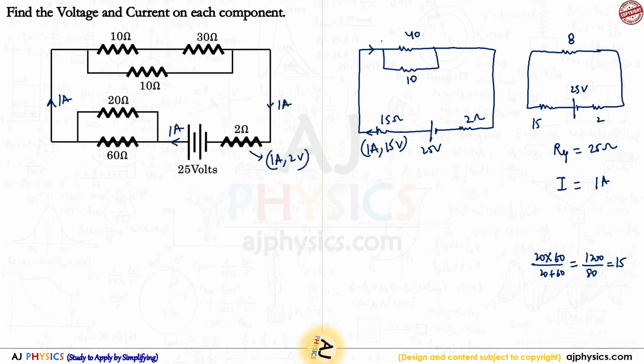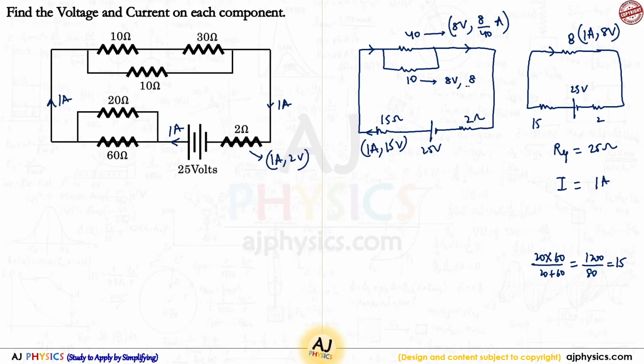And then what you have for the next one, okay, this is 8, so we simplify from here. This is 1 ampere and 8 volts is here. Okay, now let's get to the circuit. This will have 8 volts, and the current will be 8 divided by 40 amps, and this is having 8 volts.